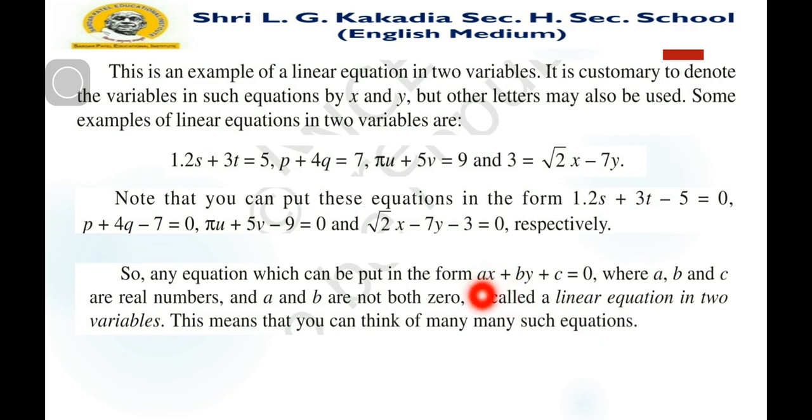This means if a is 0 then b must not be 0, and if b is 0 then a must not be 0. This condition, that a and b are not both 0, defines a linear equation in two variables.